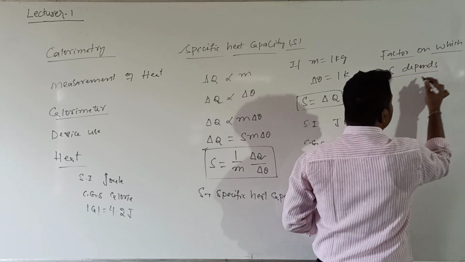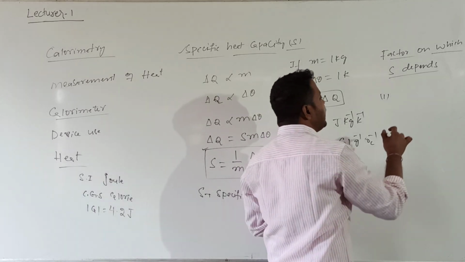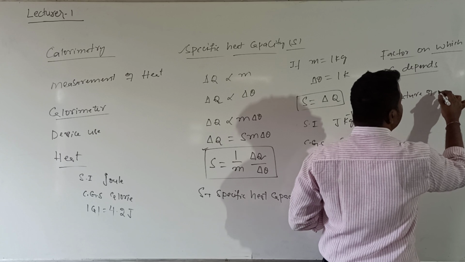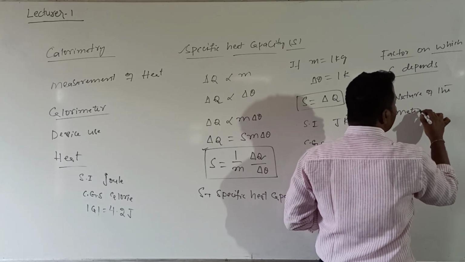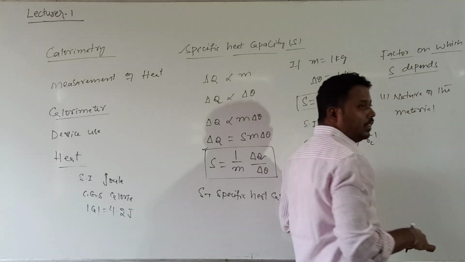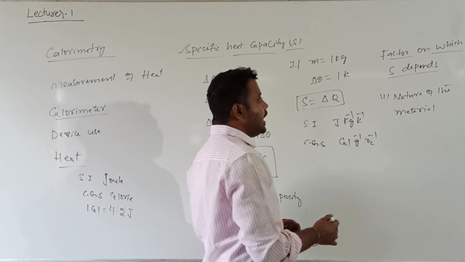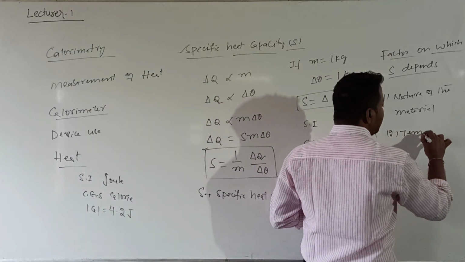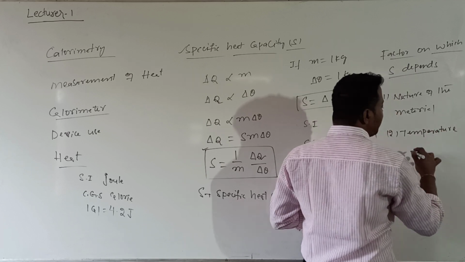The main factors are: specific heat capacity depends upon the nature of the material. This value is different for different materials, not the same for all. It also depends upon the temperature scale in which you are measuring the temperature.